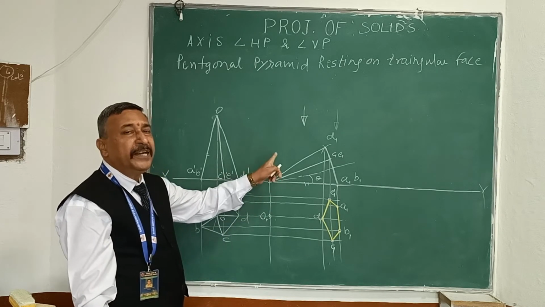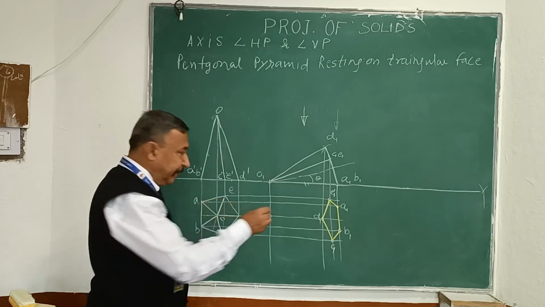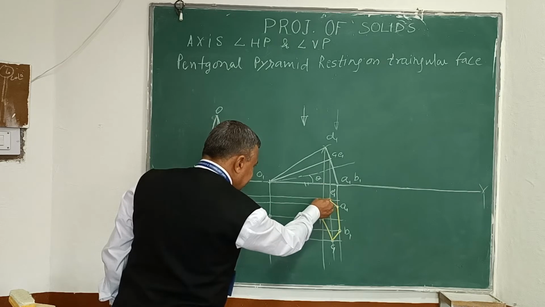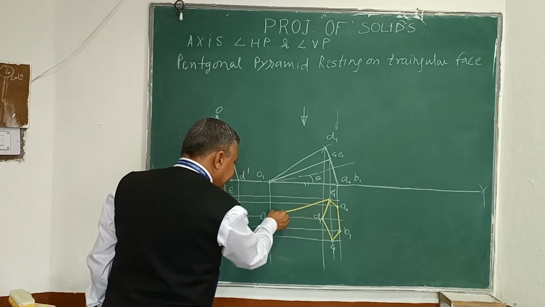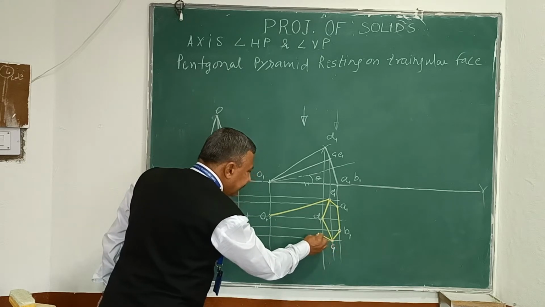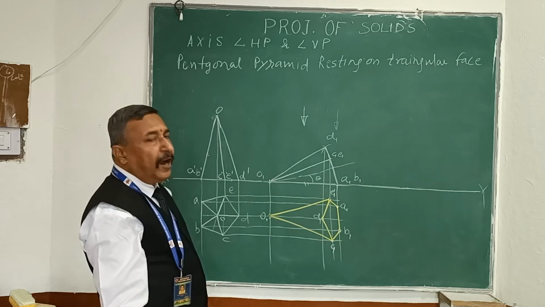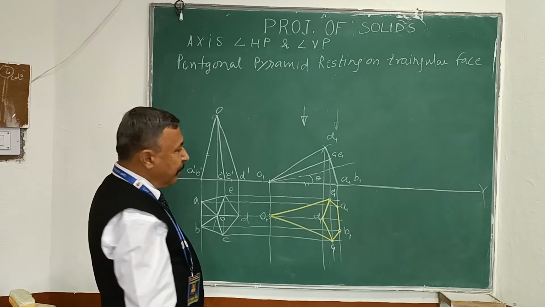So next we complete the outer line or border line, which is always visible. So first we complete this edge. This is an outer edge. Then this edge. This is also an outer edge. Okay.